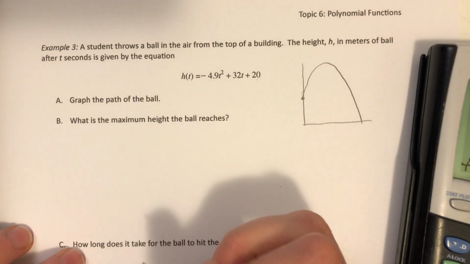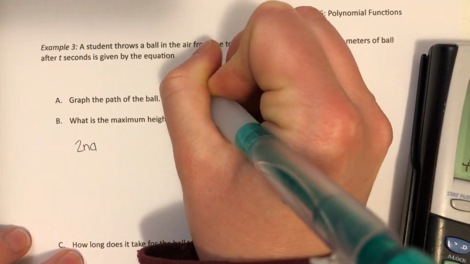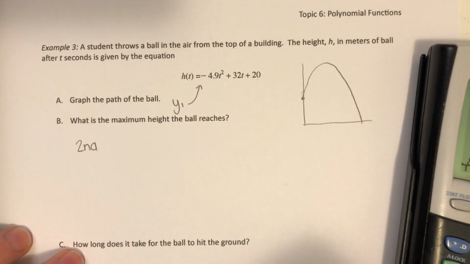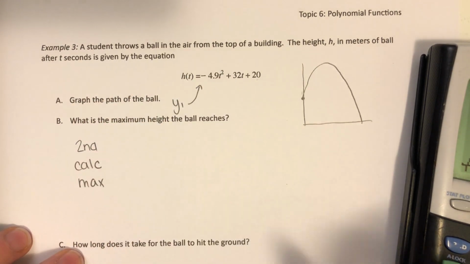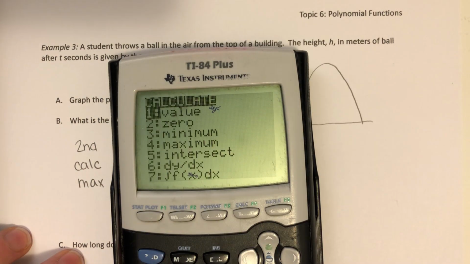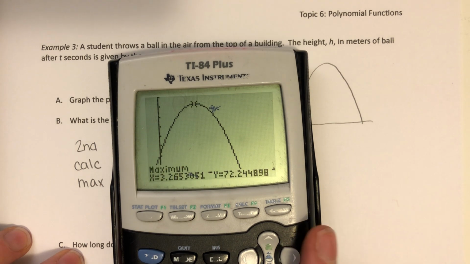Okay, so what's the maximum height the ball reaches? We're gonna put y1, actually I put it as y2, but it doesn't really matter. We're gonna go second calc maximum. So second calc maximum. Left boundary, right boundary, and hit enter.